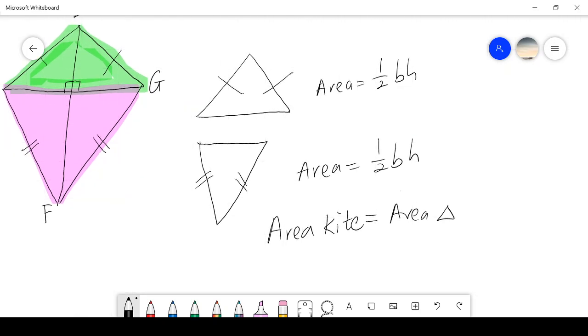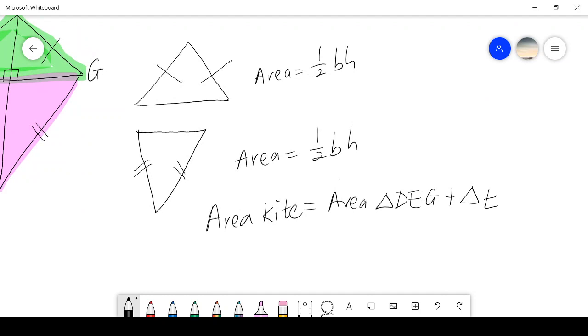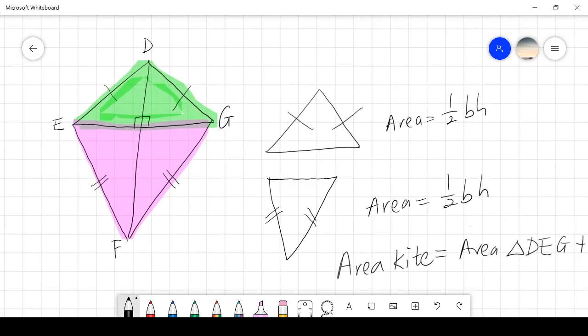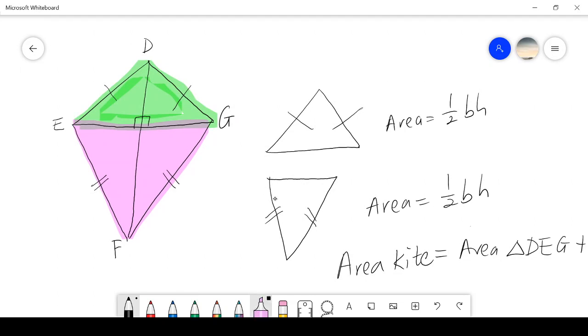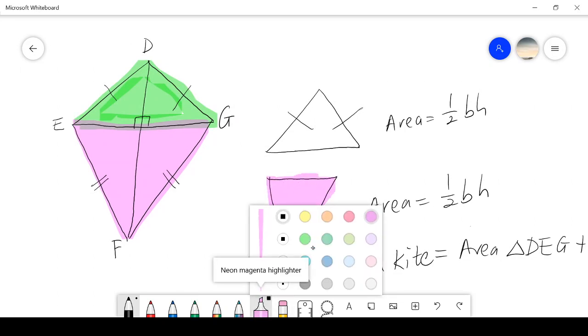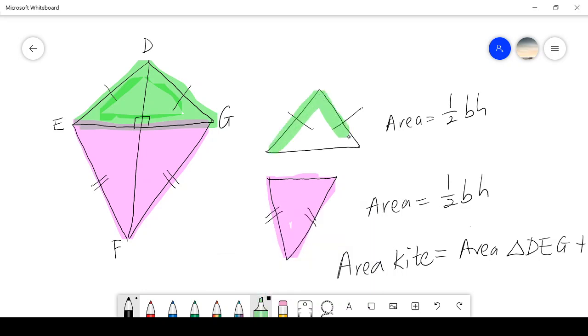So let's call that triangle DEG plus the area of my second triangle, which is EFG. So this area of this triangle plus the area of that triangle.